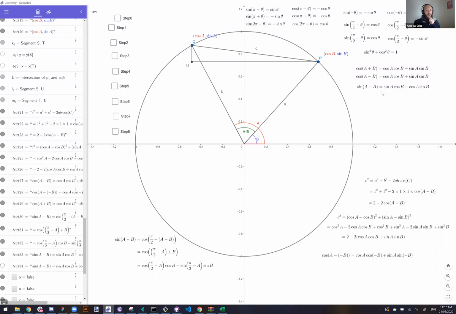And we're going to use exactly the same trick that we did before for cos, by turning sine of A plus B into sine of A minus minus B and using some of these identities above. And we get this final identity here. And once again, they're almost always presented like this.